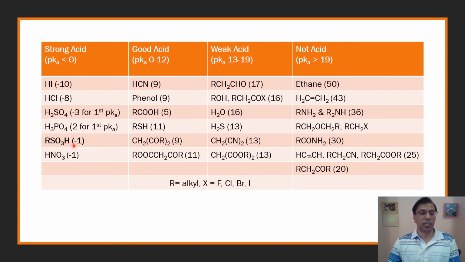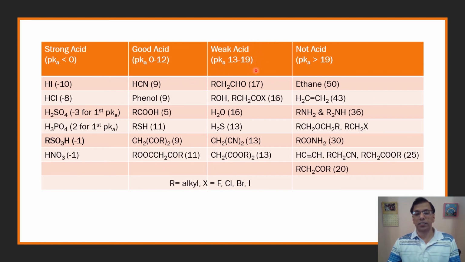Alkyl sulfonic acid is the only organic acid that is a strong acid. Good acids have a pKa value between 0 to 12. Examples of the compounds that are considered to be good acids are phenols, carboxylic acids, thiols. Even this methylene group attached to an ester and a carbonyl group is pretty acidic.